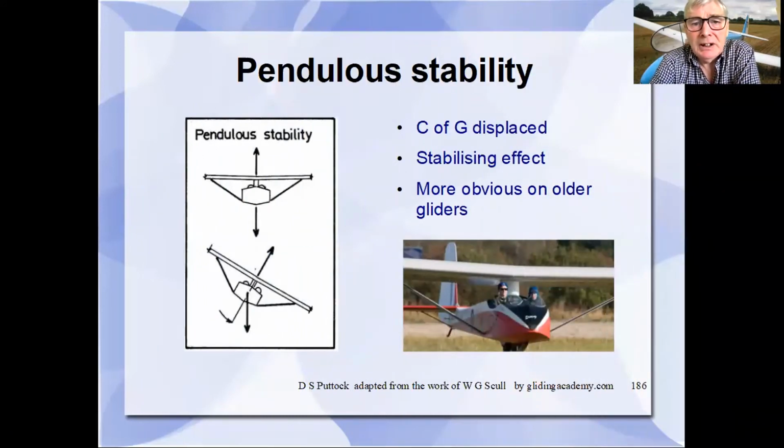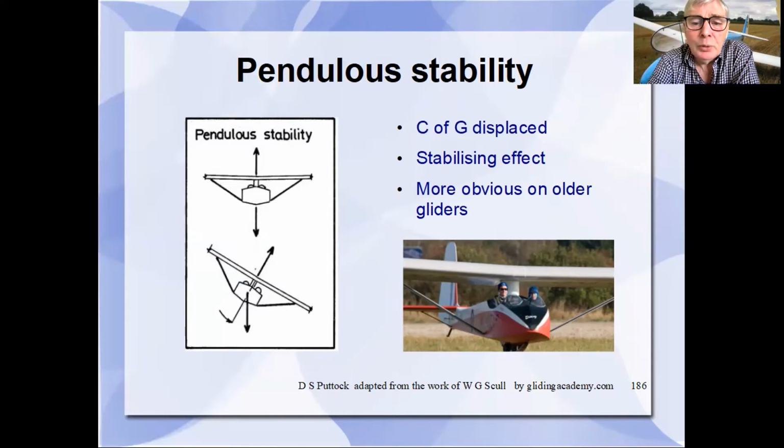Pendular stability is more obvious and more pronounced in older gliders, but it's there in all gliders to some extent. This is because the weight is acting down through the centre of gravity, and the lift or the total reaction is acting at 90 degrees to the wing from the centre of pressure.